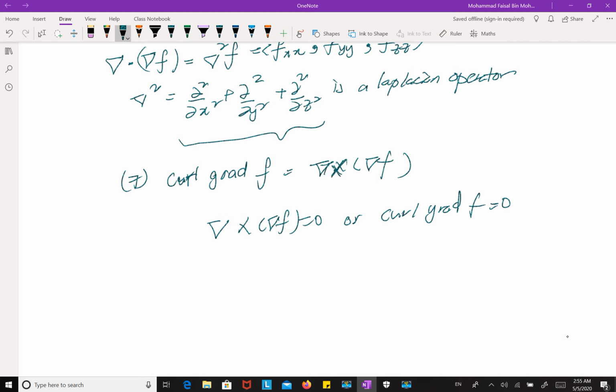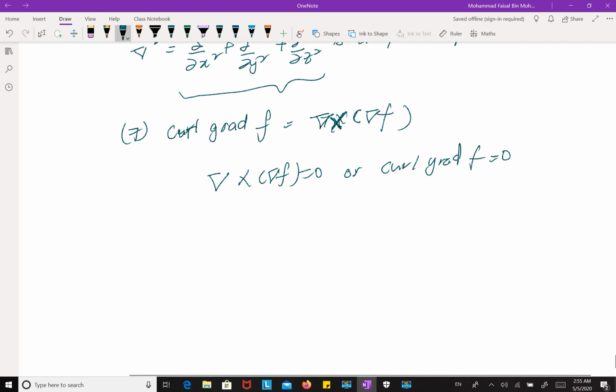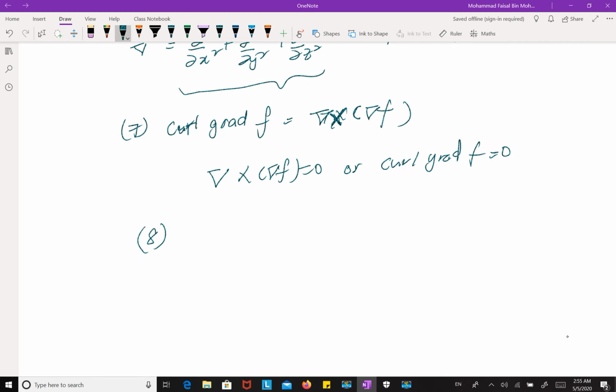This is cross. Okay. And number 8, grad div F, divergence of F, same as nabla or del dot. Divergence is dot.